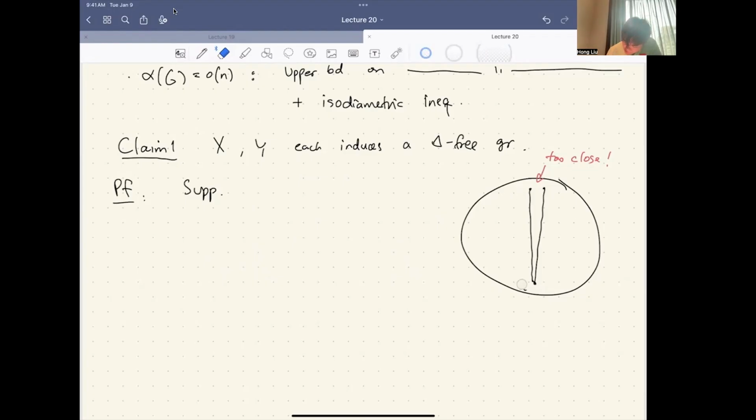Let me write X1, 2, 3. So suppose X1, 2, 3 form a triangle. Now the sum of their distances. This is easier.